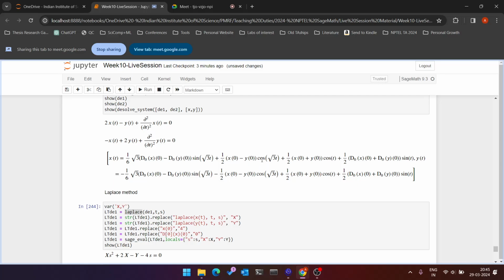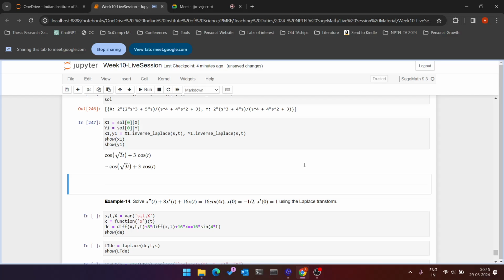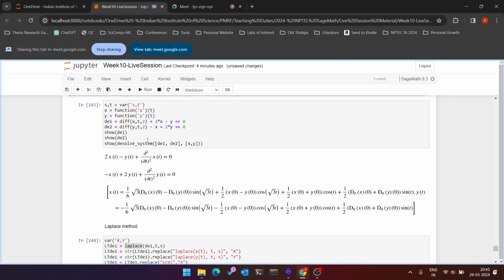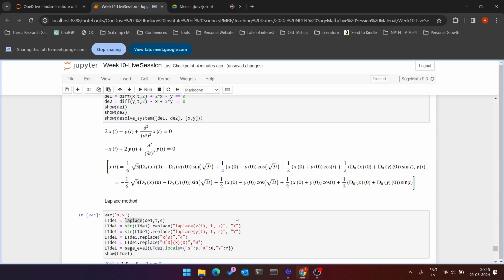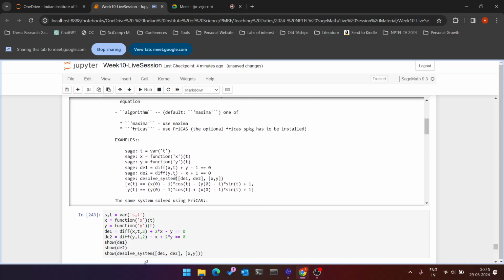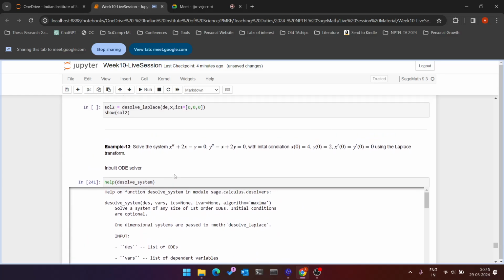So you should have cos of root 3t plus 3 cos of t as x. Same thing you could do for y: if you put x0, y0 in, you will get the same answer as below. So in both the inbuilt function as well as our function, we get the same value.